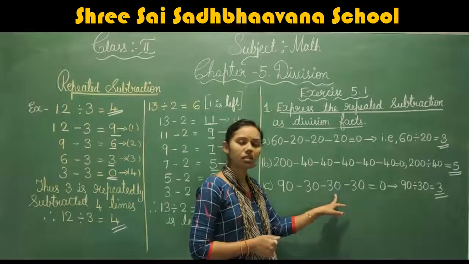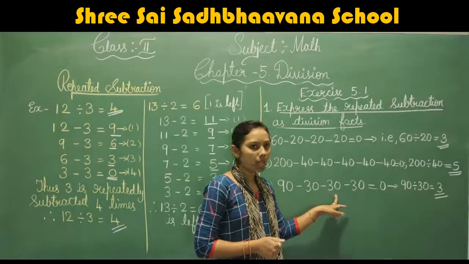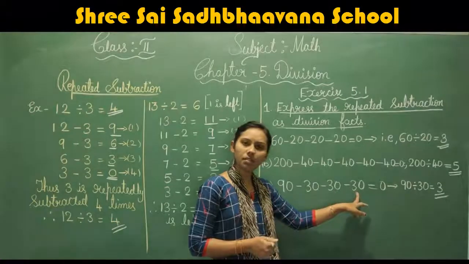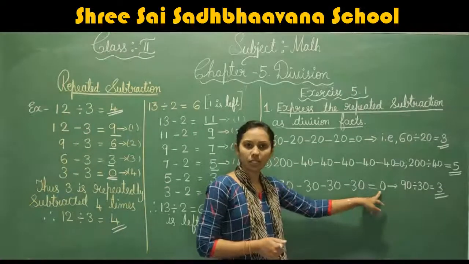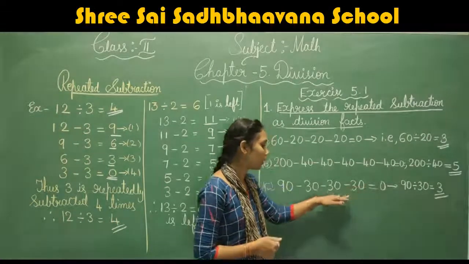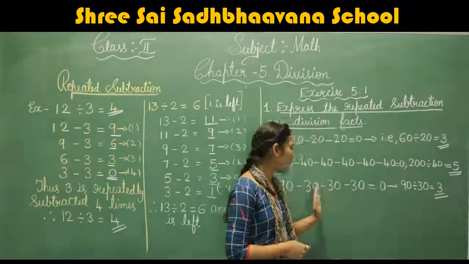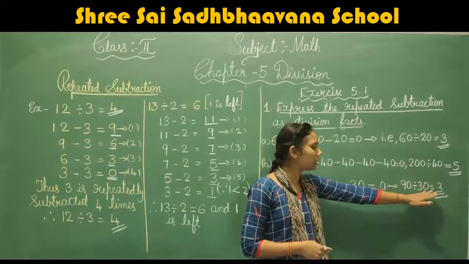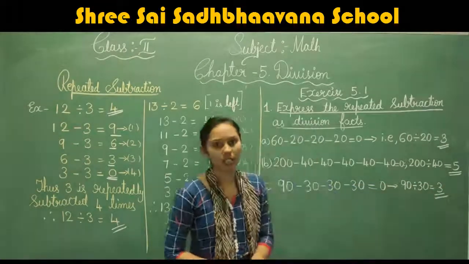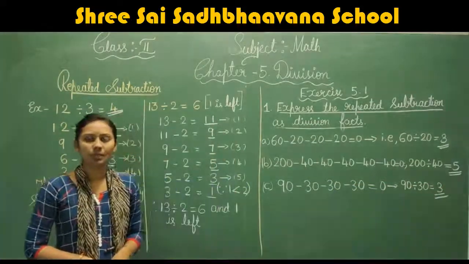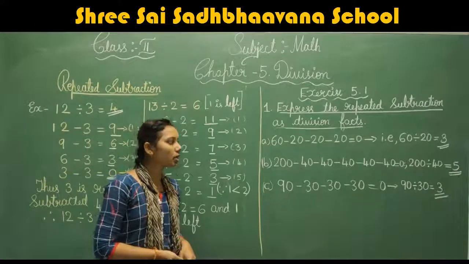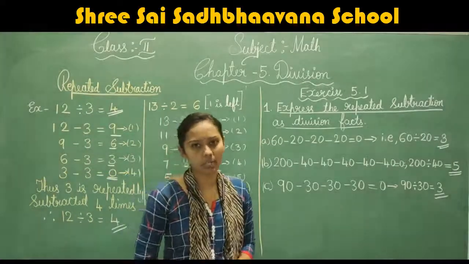Good. 60 minus 30? 30. Good. 30 minus 30? 0. Right children? So this will be written in the division fact, that is 90 divided by 30 is equal to 3. Understood? Yes, I hope you understood this. We will move to the next one now.